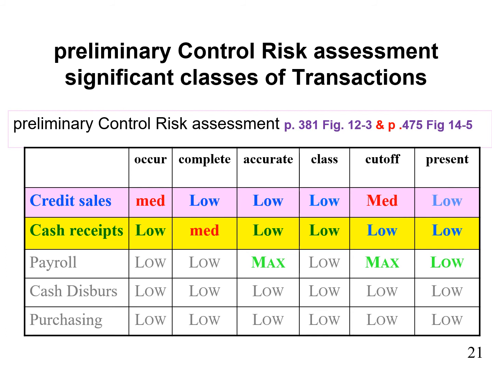So we've got at least 5 classes of transactions, and we're going to have to preliminarily assess control risk for each assertion for every significant class of transactions. So in this case, we'd have 30 preliminary assessments of control risk. Now notice the pink and the yellow are color-coded here. Those are the only 2 we're worried about in this class: credit sales and cash receipts.